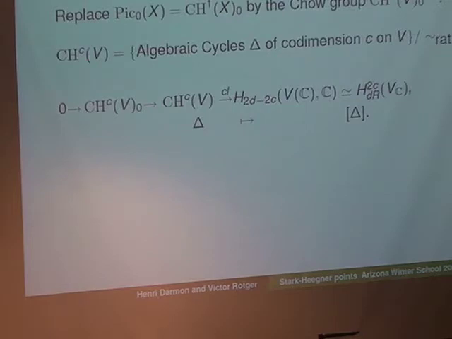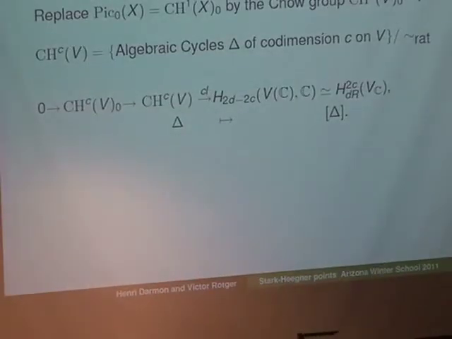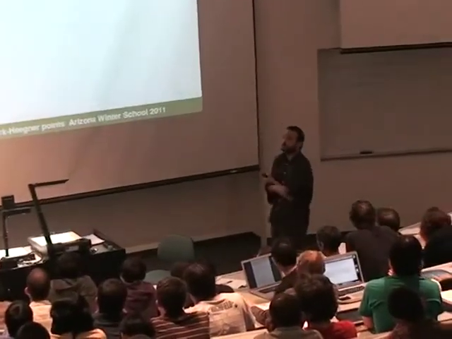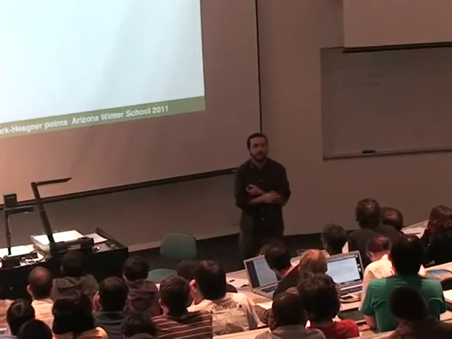So it gives rise to a natural element in the H_{2d-2c} of singular homology of your variety as a topological manifold. Okay? So you can look at its class. And since these two are isomorphic by this duality that I was mentioning before, you can really look at this class in this cohomology group. Okay, so it's basically looking at its class in homology.